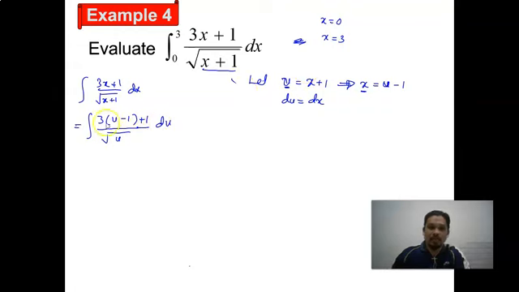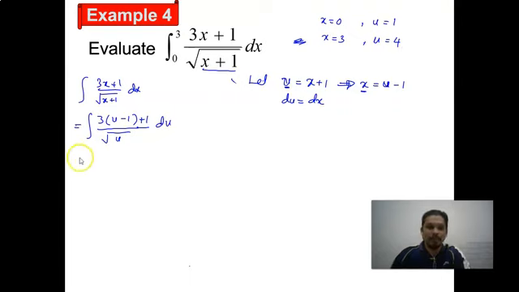Because everything will turn into u now, the variable x from 0 until 3 turns into the new value of u, where we recall the equation u equals x plus 1. So when x equals 0, 0 plus 1, then u equals 1. And when x equals 3, 3 plus 1 equals 4.